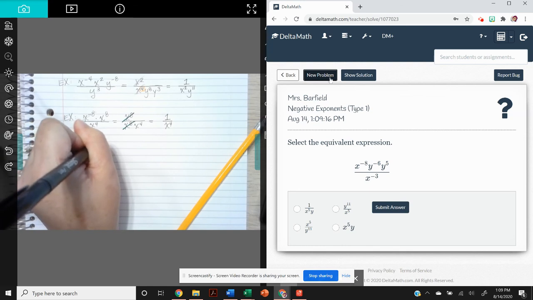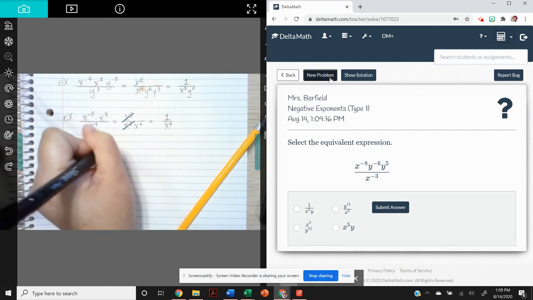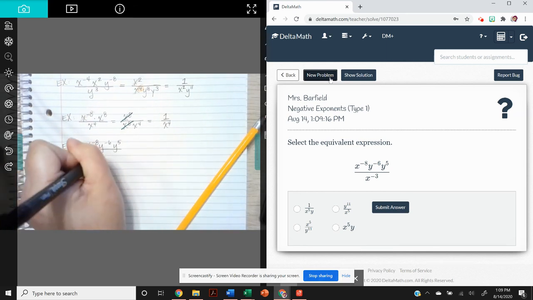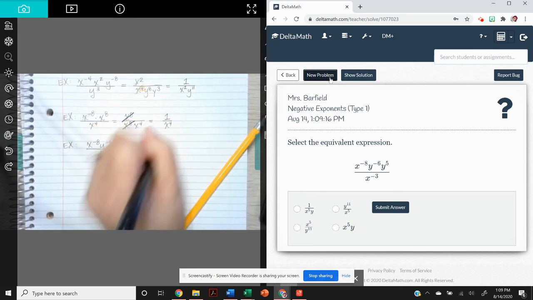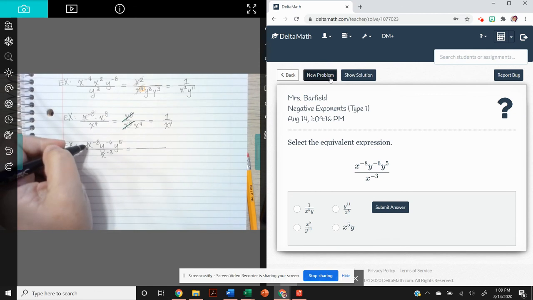So x to the negative 8, y to the negative 6, y to the 5th over x to the negative 3. Okay, stay or go, stay or go. X to the negative 8 goes.